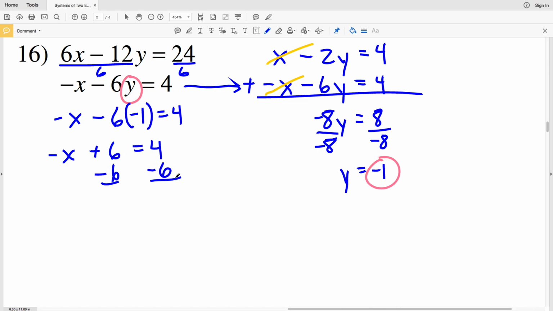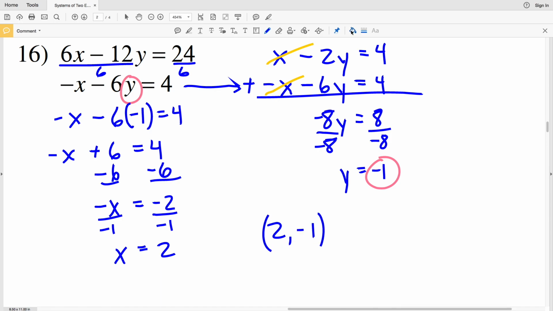Now, when I subtract 6 from both sides, I'll get that negative x equals a negative 2. So my final step is either to multiply both sides or divide both sides by negative 1. That will give me that positive x equals a positive 2. So 2, negative 1 is my solution in number 16.